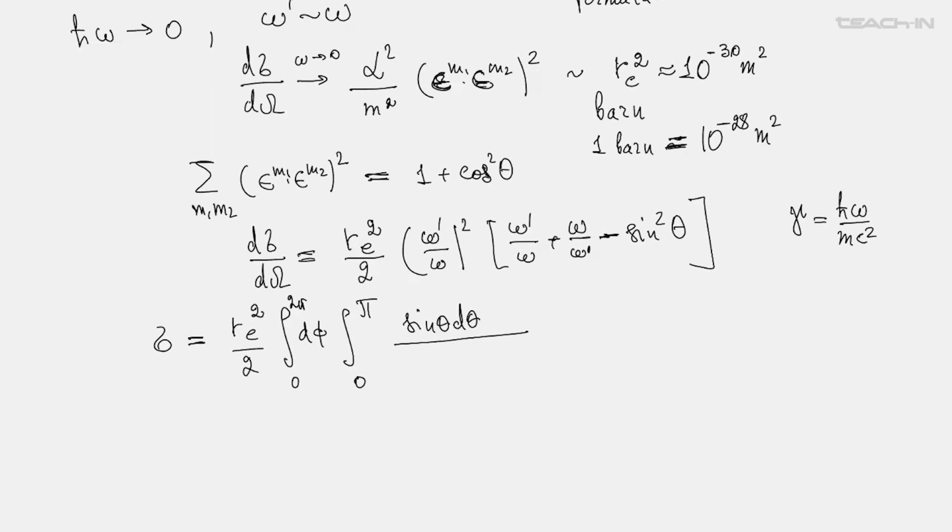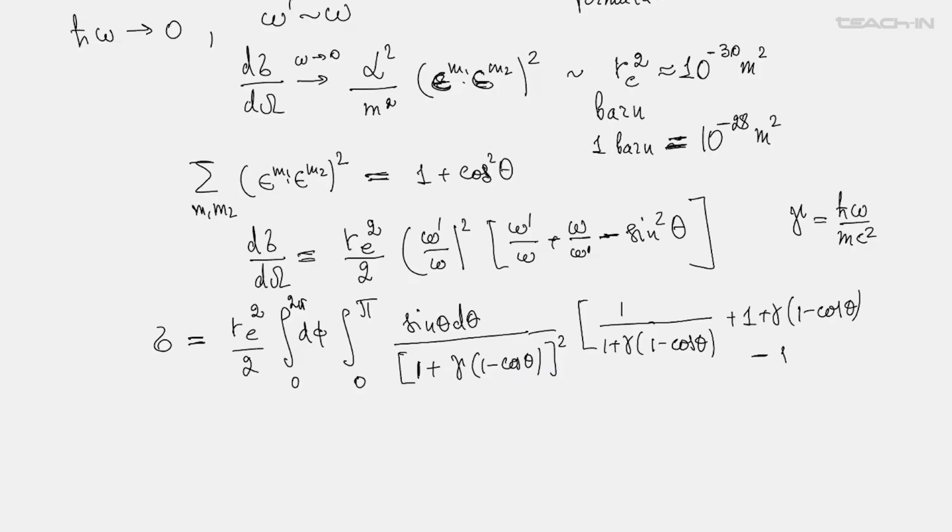And then this expression, which you have to integrate, is written in the following way. So this is gamma times 1 minus cosine theta squared. And here there will be 1 divided by 1 plus gamma times 1 minus cosine theta, plus 1 plus gamma times 1 minus cosine theta, minus sine squared theta.